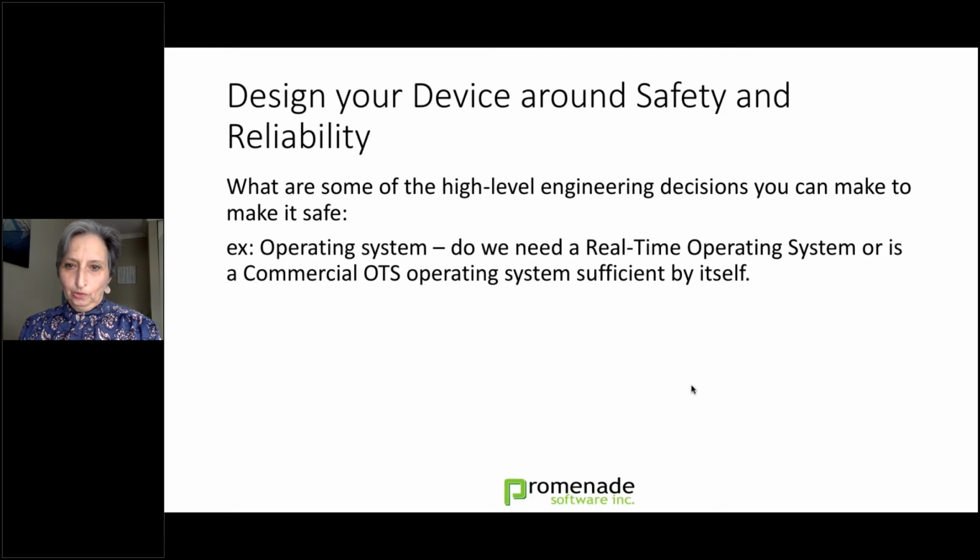So in that case, we'll use a real-time operating system. We'll often separate out the modules from the operating system level. So you have a module that is doing the real-time control, and a module that's doing more of the connectivity, the user interface, the things that are not quite as risk involved. So that's the type of decision we'll make when we are considering the device safety.